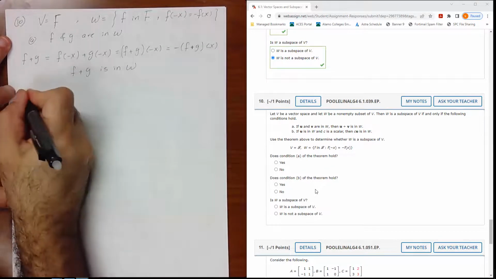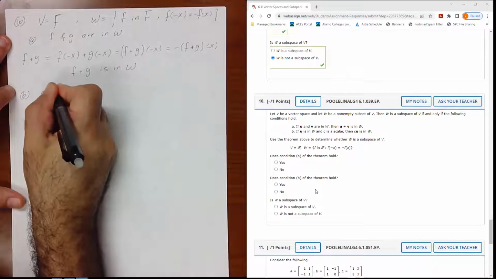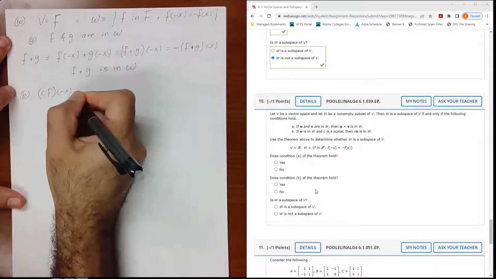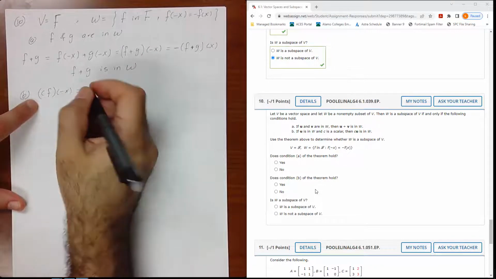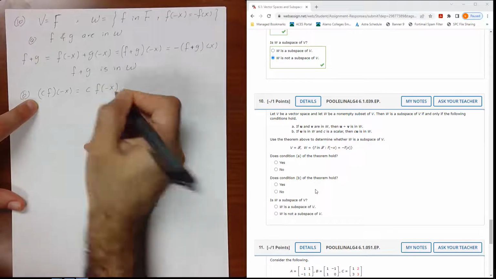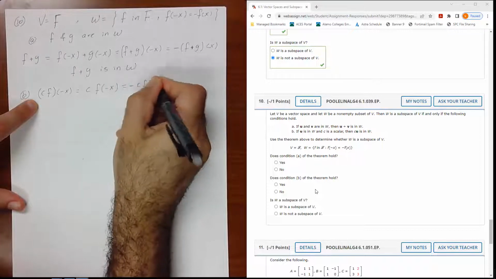The second condition, c times f of negative x. I can take the c out, c f of negative x, which is equal to negative c f of x.